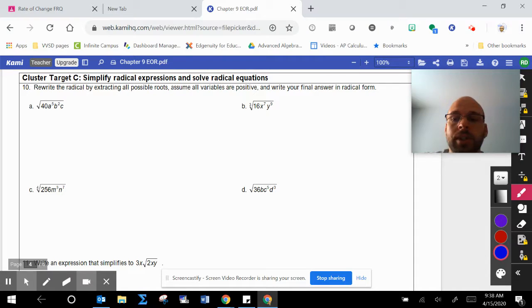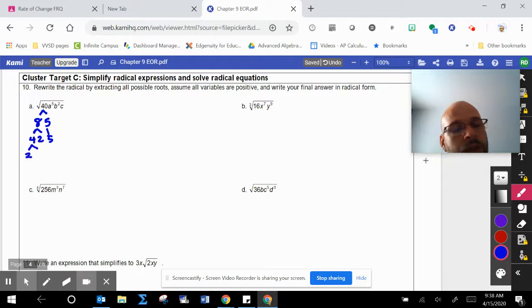So if you look for number 10, we need to rewrite the radical by extracting all possible roots, assume the variables are positive, and write your final answer in radical form. Okay, so for part A, I'm going to break this down. I'm going to say 40 is 8 times 5. I know 8 is 4 times 2 times 5.